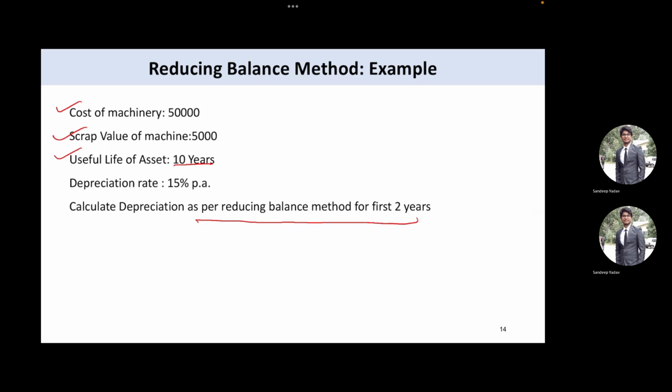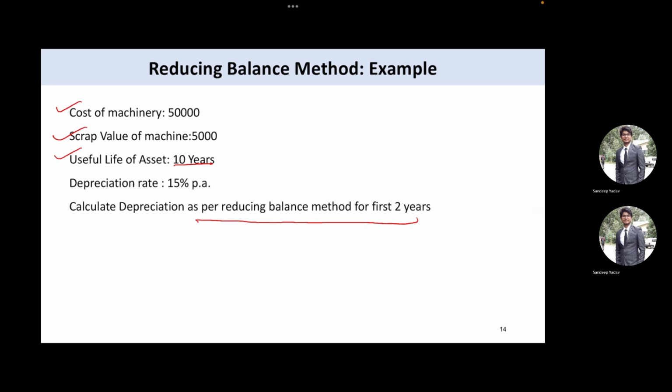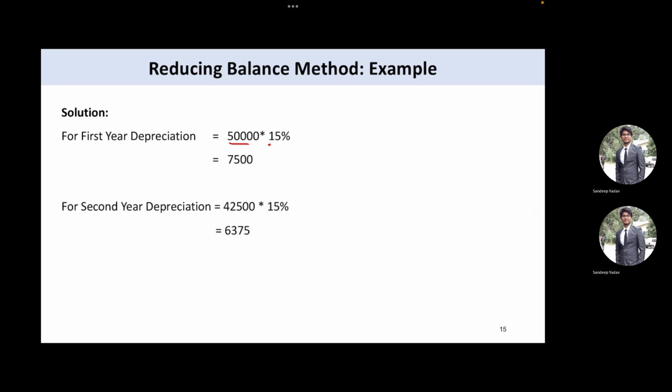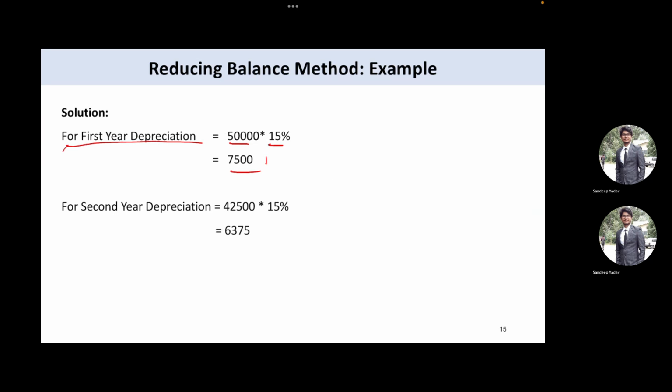Now, for the first year, depreciation will be 50,000 into 15%, that will be 7,500 rupees. And for the second year, depreciation will be 42,500 into 15%, that is 6,375 rupees.